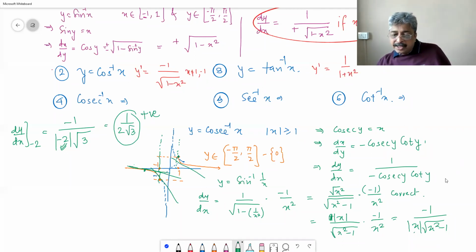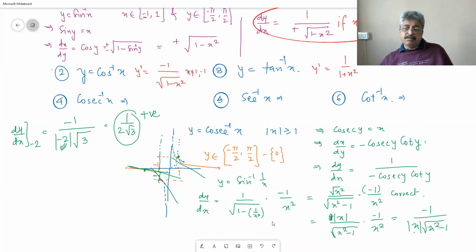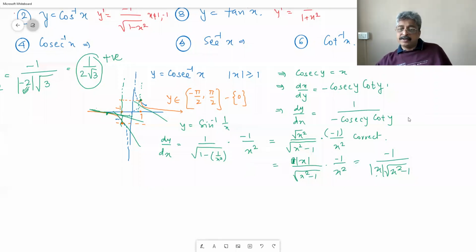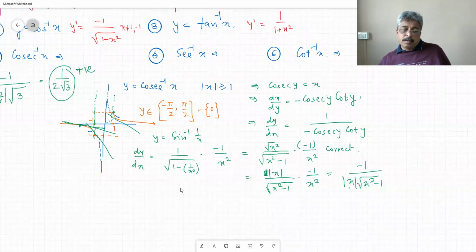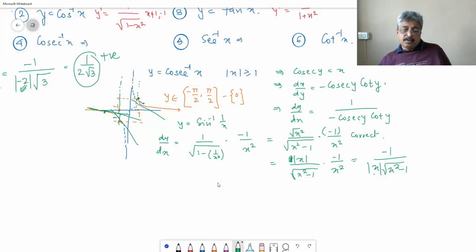Okay. Now can we justify this discussion by looking at this formula? Okay, we will try to do that. Cot of y. Where is our y? Y is from here to here.